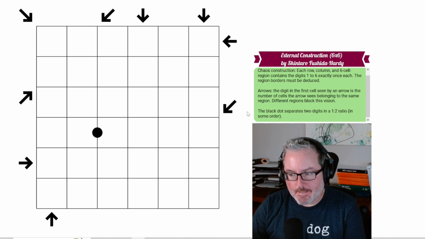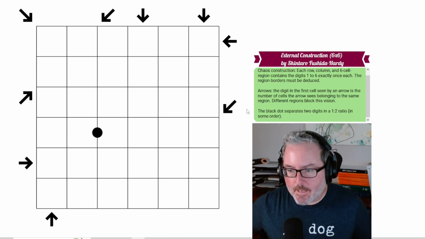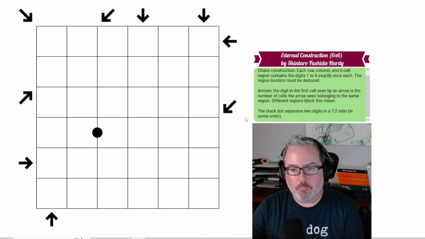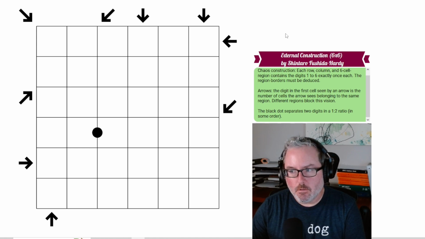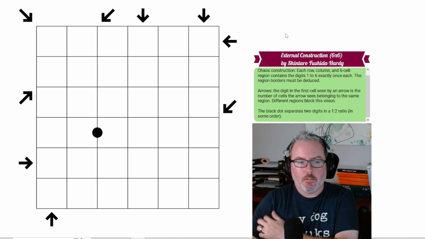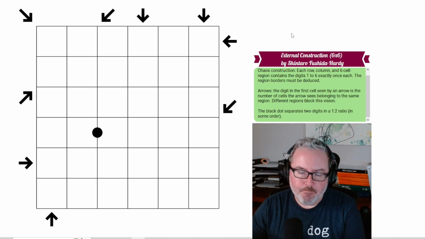So that said, let's jump into this and see what exactly we can determine from this information. Like I said, I haven't done many of these, so I don't know some of the tips and tricks that I'm sure are incumbent with this style of Sudoku.